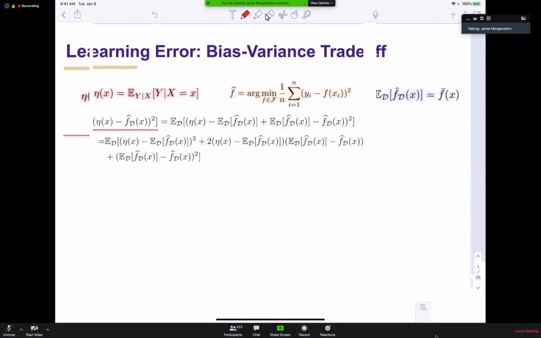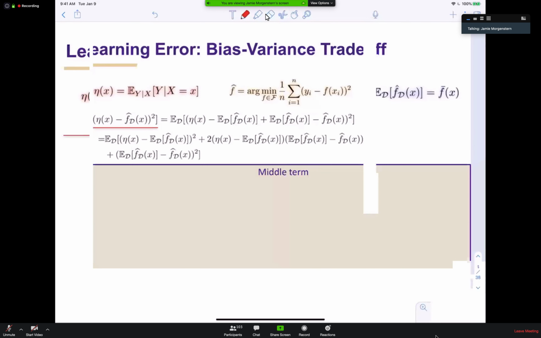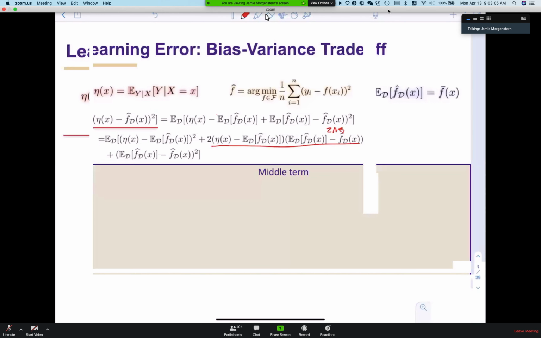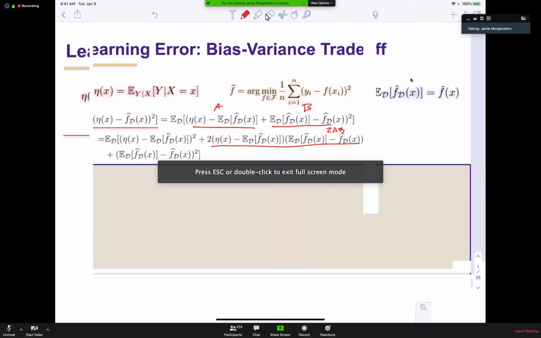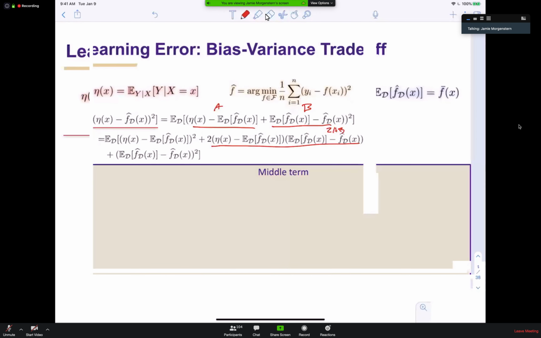And then if this is a and this is b, this is the 2ab term here. If we want to argue that 2ab is equal to 0, we can certainly do that. I actually recommend that you all work that out, although I'm happy to come back to it if we have a bit of time at the end.